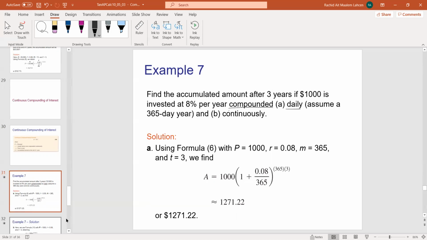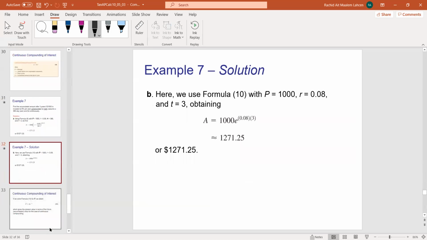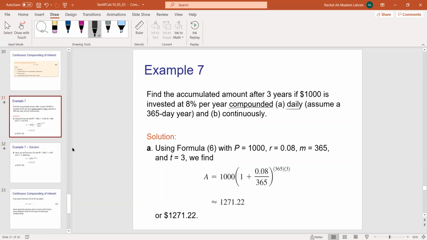And let's see if it's continuous compounding, 1271.25. So you see this continuous compounding is similar to compounded daily.